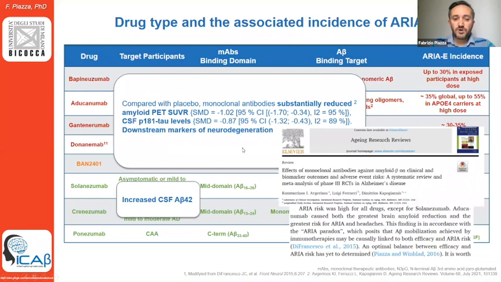But another very important aspect that attracted my attention is that if we look at the results on biomarkers after treatment, all the red antibodies demonstrate a substantially reduced amyloid PET SUVR, so reduced beta amyloid in the brain after treatment, and a reduced level of tau protein, which is a downstream marker of neurodegeneration.